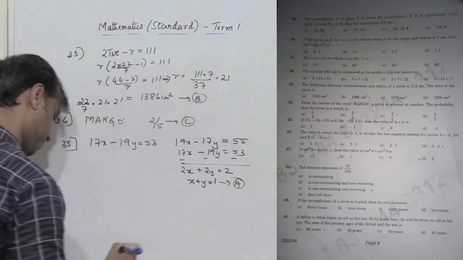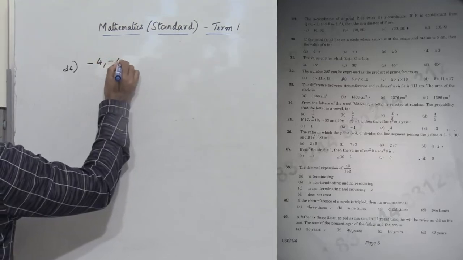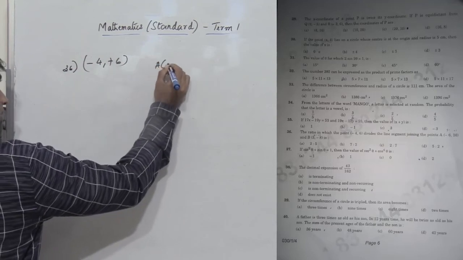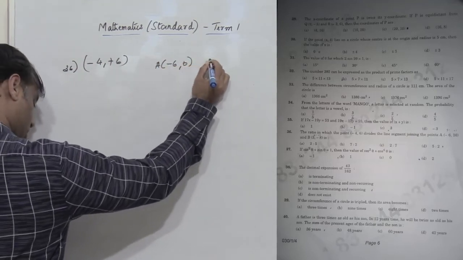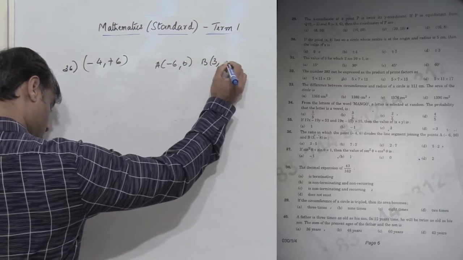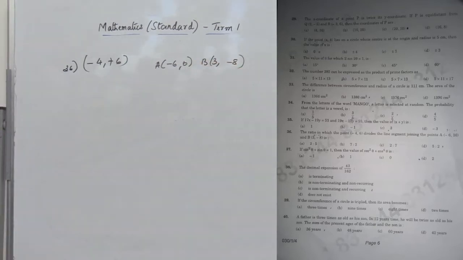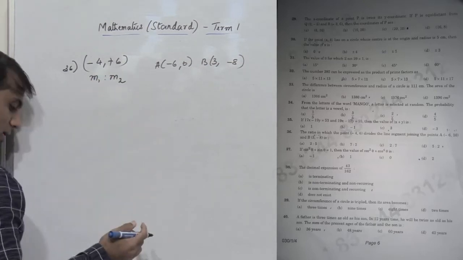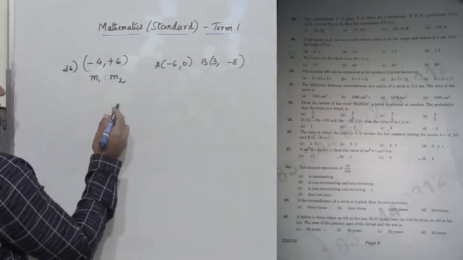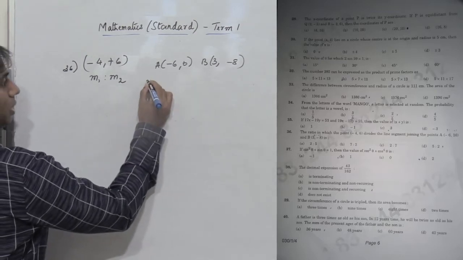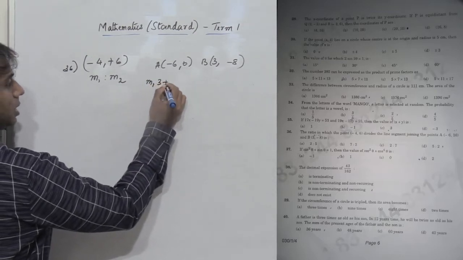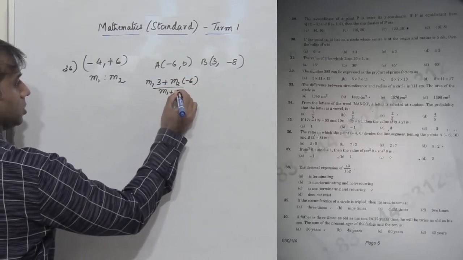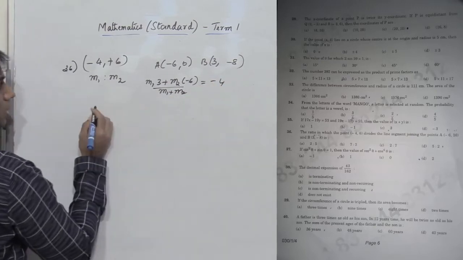Very easy problem. The point (-4, 6) divides A (-6, 0) and B (3, -8) in the ratio. So let the ratio be m1 is to m2. So we know the formula. Writing the formula, (m1 into 3 plus m2 into x1) divided by (m1 plus m2) equals -4.